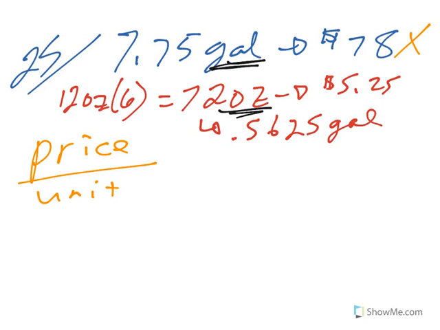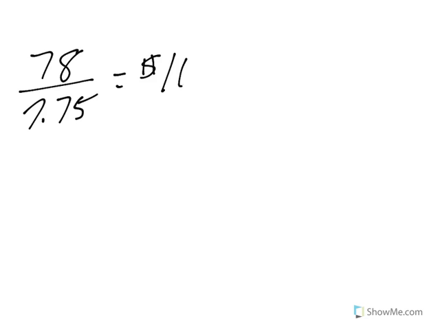Now I can do my comparison of price. So the dollar amount over the unit, and in this case the unit will be gallons. So let's get to a clean page here. I would take first $78 divided by 7.75. And the price per gallon, if you buy the quarter barrel of beer, is $10.06 per gallon.